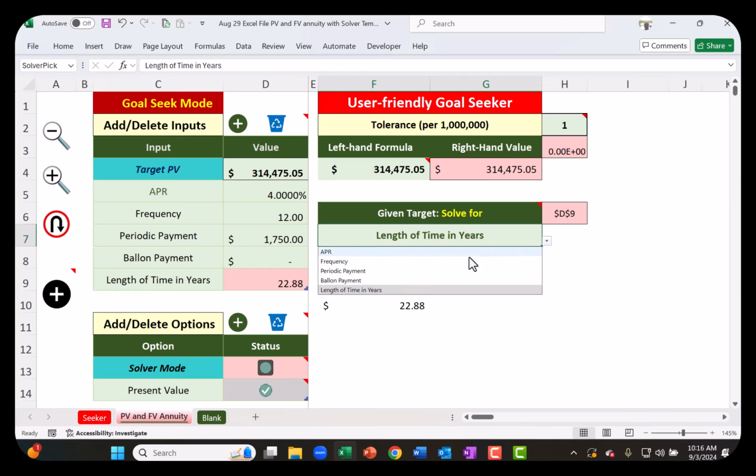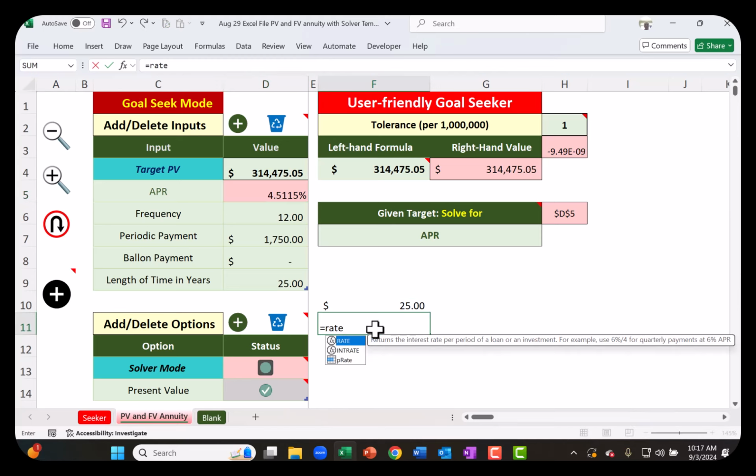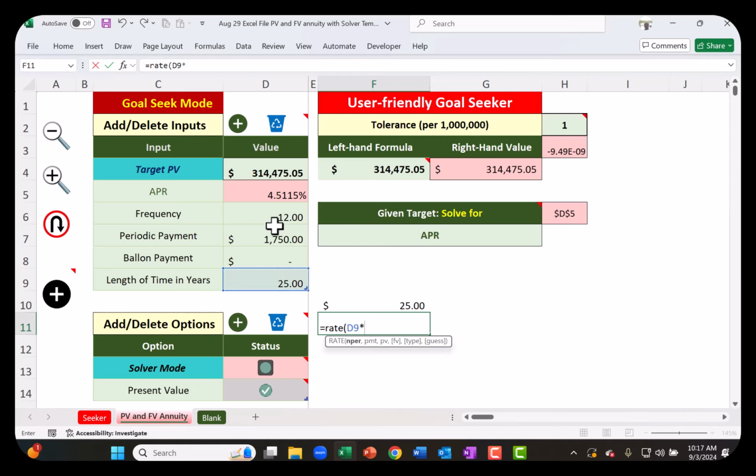Alternatively, if we're doing APR, let's make that 25. First argument is number of periods. Negative of that.